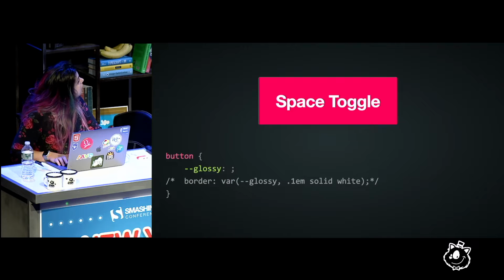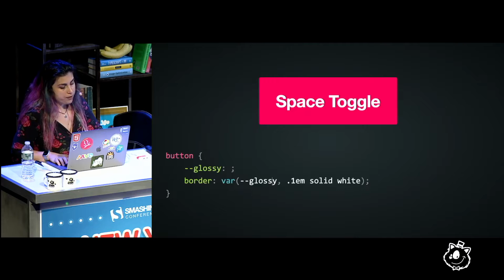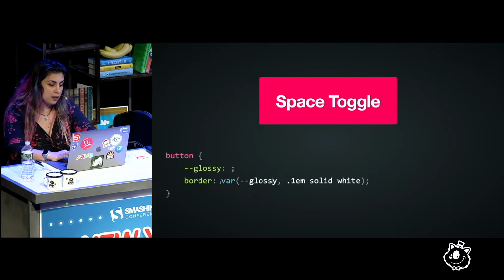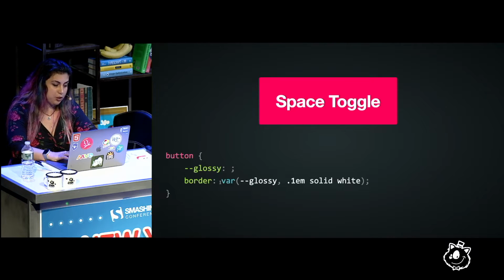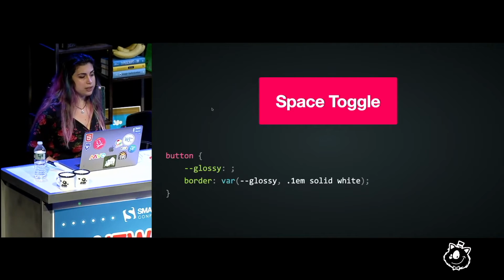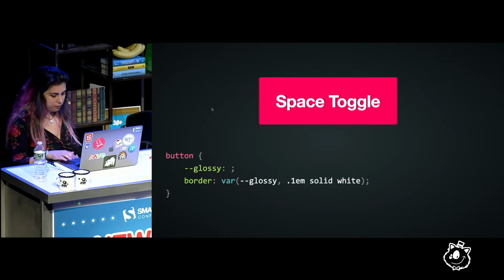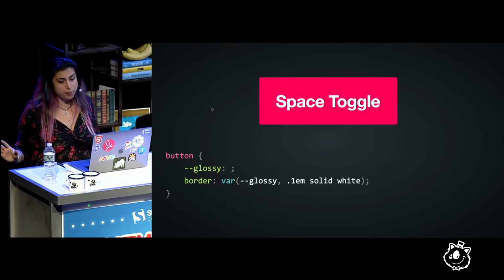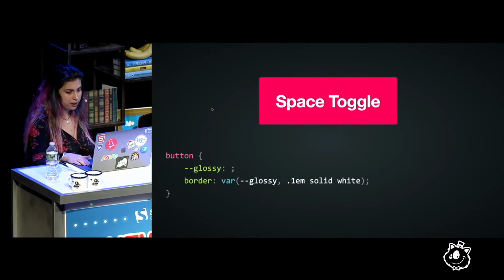It's not that we get nothing. We get the user agent default border. So we are setting it to something when glossy is set to white space. It's not like a no-op. And this introduces a very important concept with using CSS variables that many people sort of gloss over and then are puzzled about why their code behaves differently.